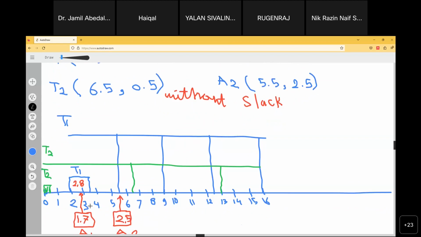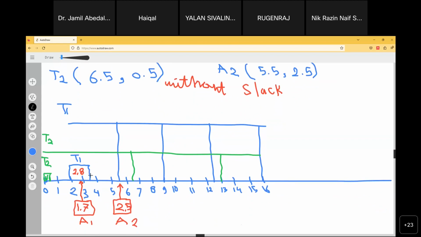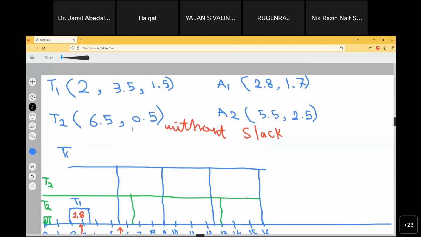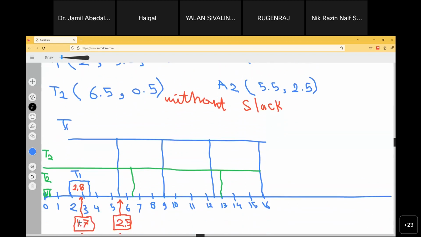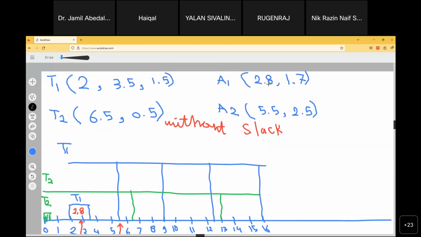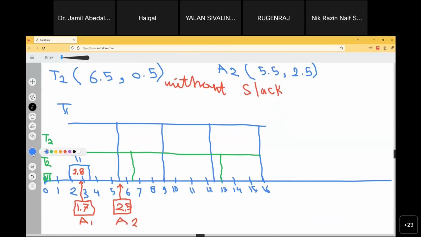Then what can we execute from 3.5? Who can tell me? A1. Is A1 released? Yes, released at 2.8, so we can execute A1. How many units can we execute of A1? 1.7. Okay, let's use the same color.